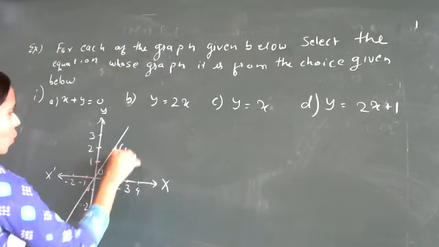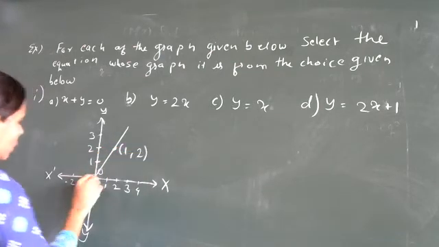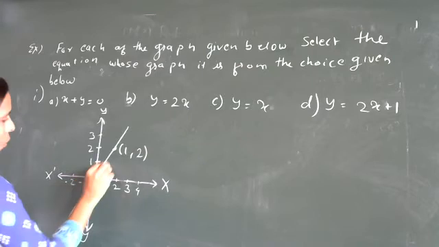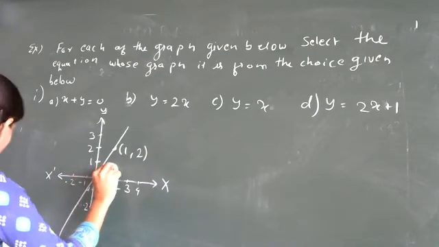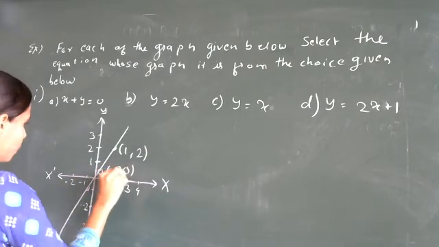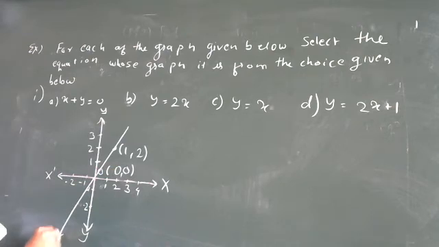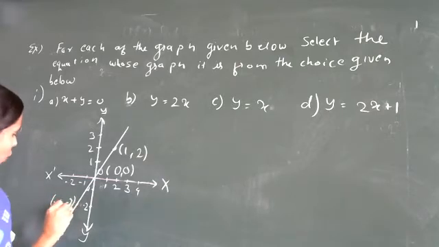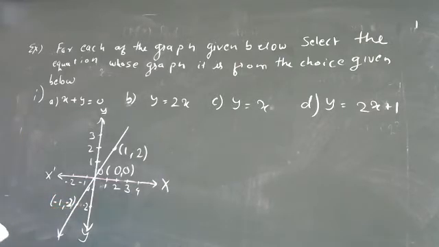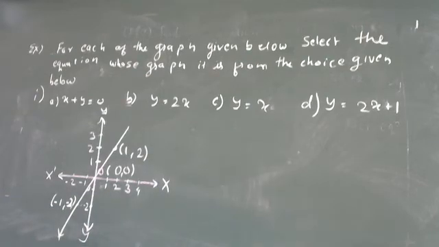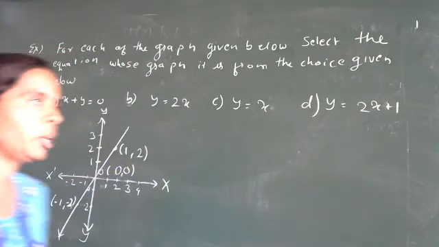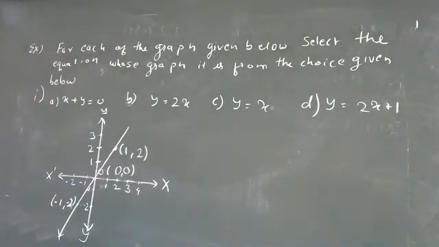We are having coordinates on this line as 1 and 2, 0, 0. Means both the values of x and y are 0, and the third, that is minus 1, minus 2. Always write the value of x coordinate first and y second. So here, this graph represents which of these equations? Can anybody? Which one?